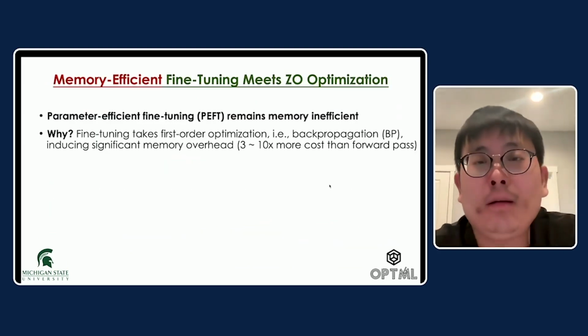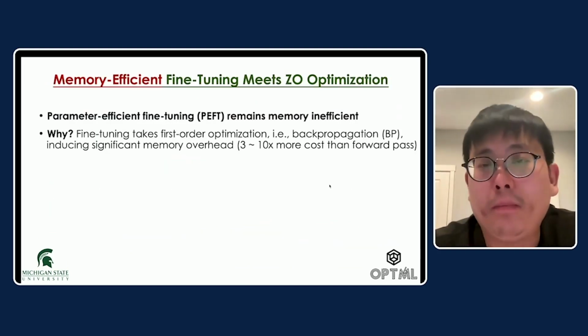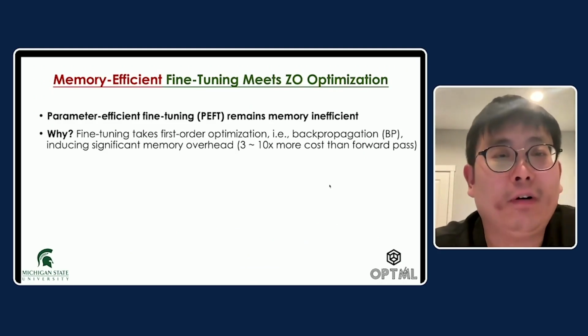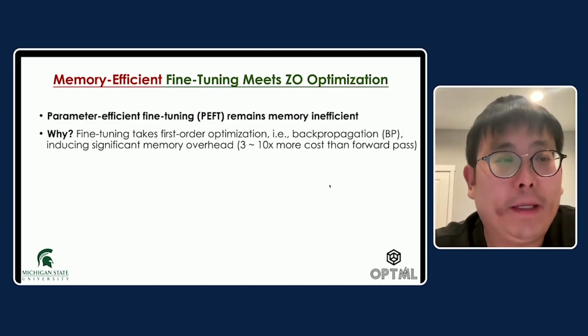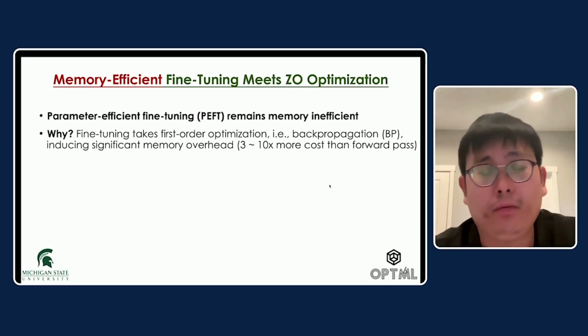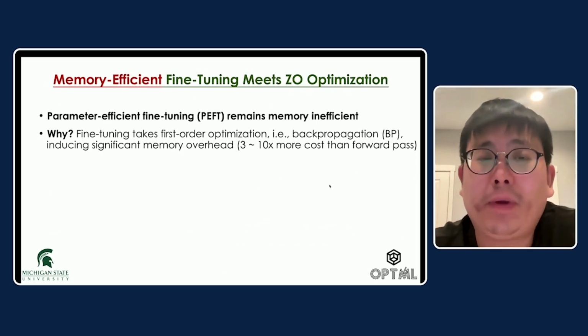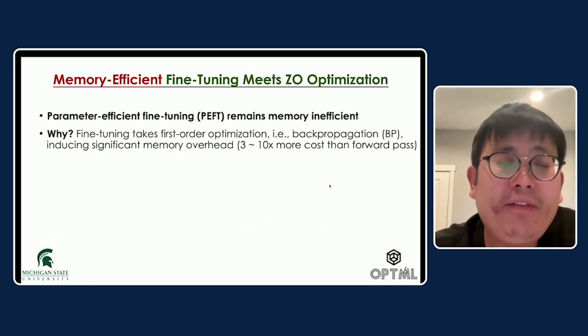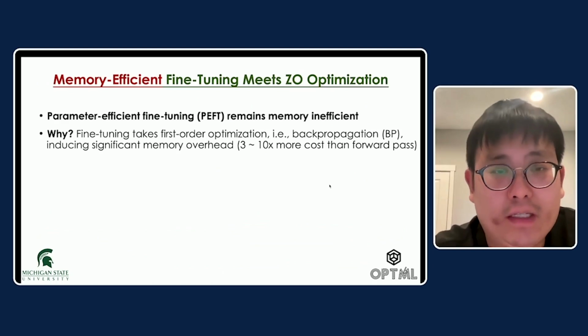So now let's talk a bit more about Zeroth-Order optimization for LLM fine-tuning. We know that to fine-tune large language models, we have parameter-efficient fine-tuning methods we can use. But parameter-efficient fine-tuning does not mean memory efficiency, right?